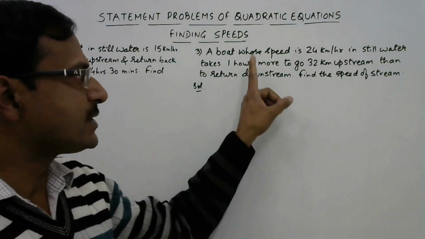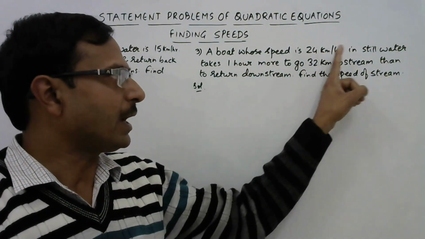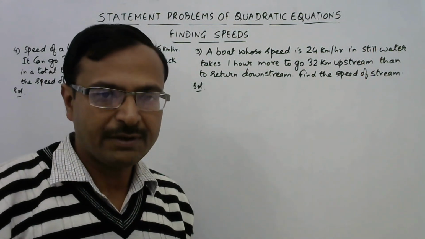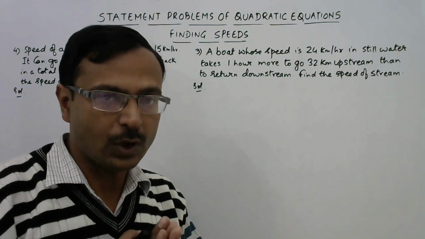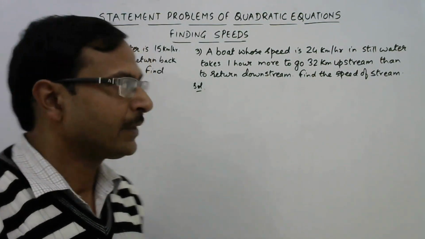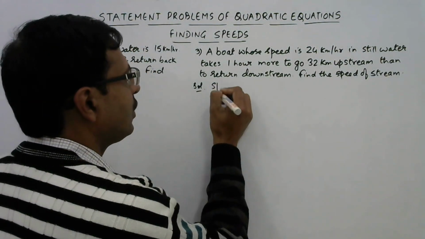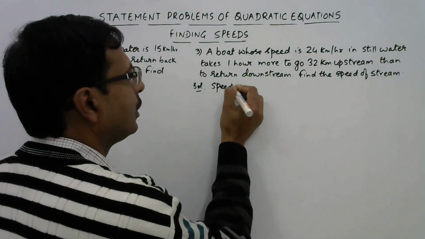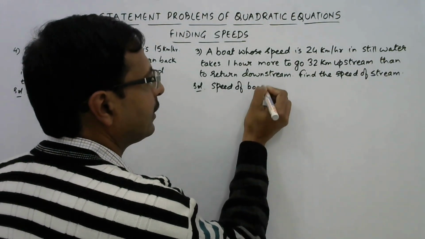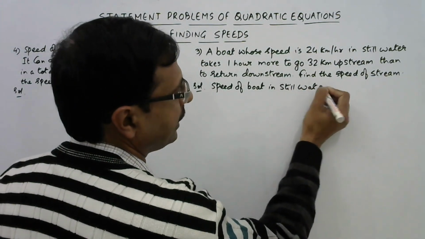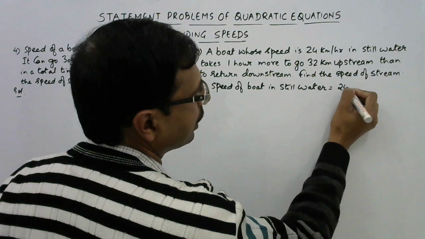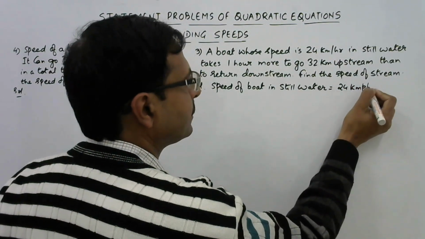A boat whose speed is 24 km per hour in still water. So whenever the water is not flowing, the original speed of that boat is called speed in still water. So speed of boat in still water is given in the question, and it is 24 km per hour.